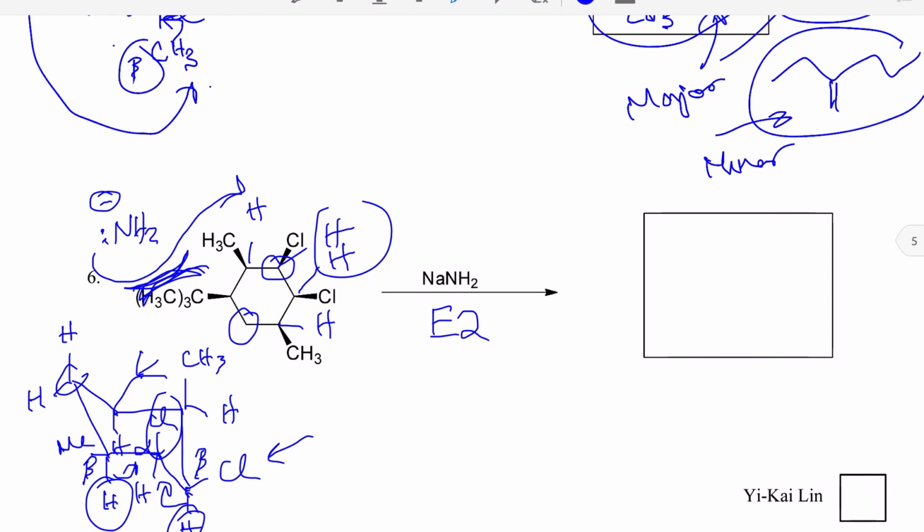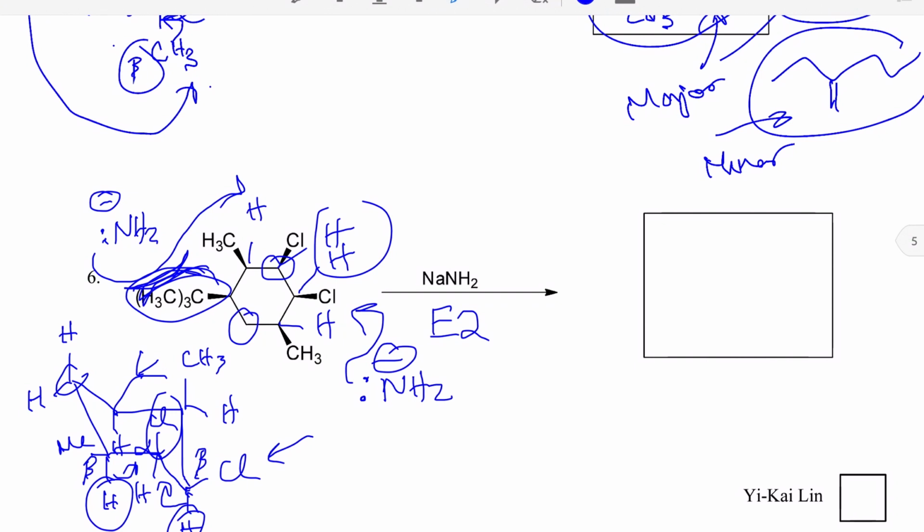But if we tried another situation where instead of trying to deprotonate here, the tert-butyl group is farther away, and the most repulsion we're really dealing with is just this methyl group, but it's trivial compared to how much steric repulsion we would get when we're interacting with a tert-butyl group.